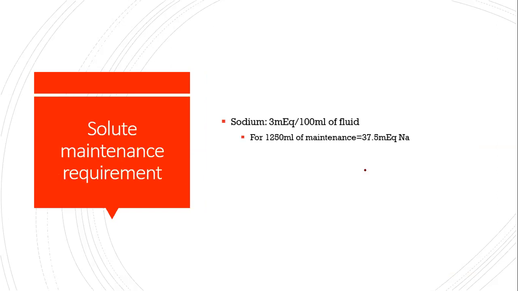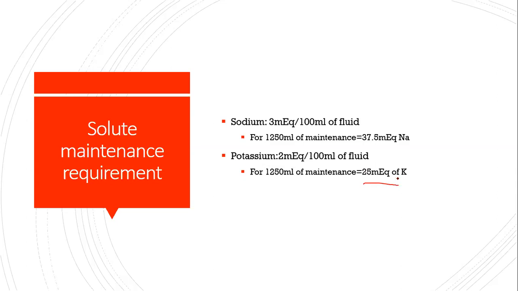So what is the normal sodium requirement? It will be 3 milliequivalents per 100 ml of maintenance fluid. So for 1250 ml of maintenance, you require 37.5 milliequivalents of sodium. Potassium will be 2 milliequivalents per 100 ml of maintenance fluid. So here this child will require 25 milliequivalents of potassium.